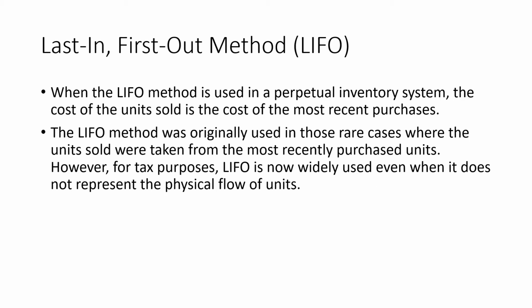Last in, first out is the opposite of that. You are assuming hypothetically on paper that the purchases that you have made most recently, so the last in, are going to be the first out or the first to be sold. So last in, first out. The last ones you purchased, those are going to be the first ones that you sell.